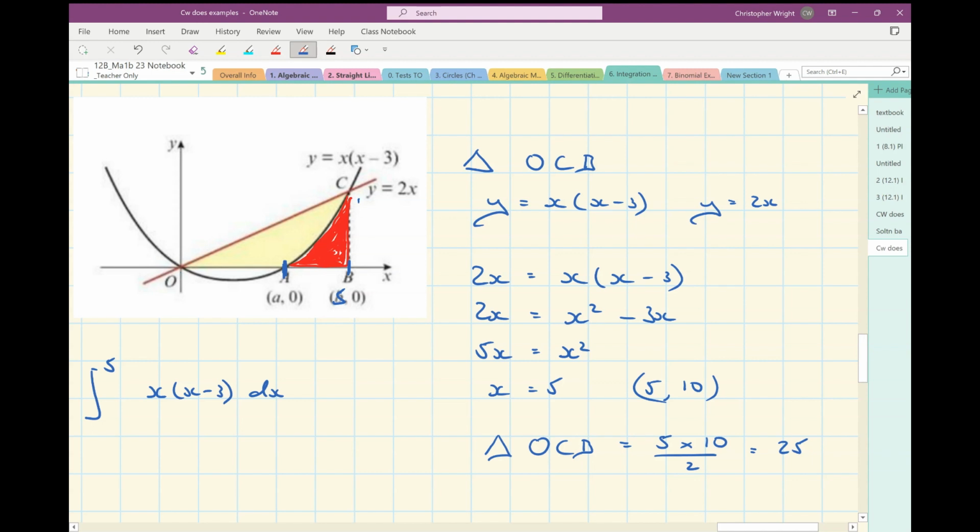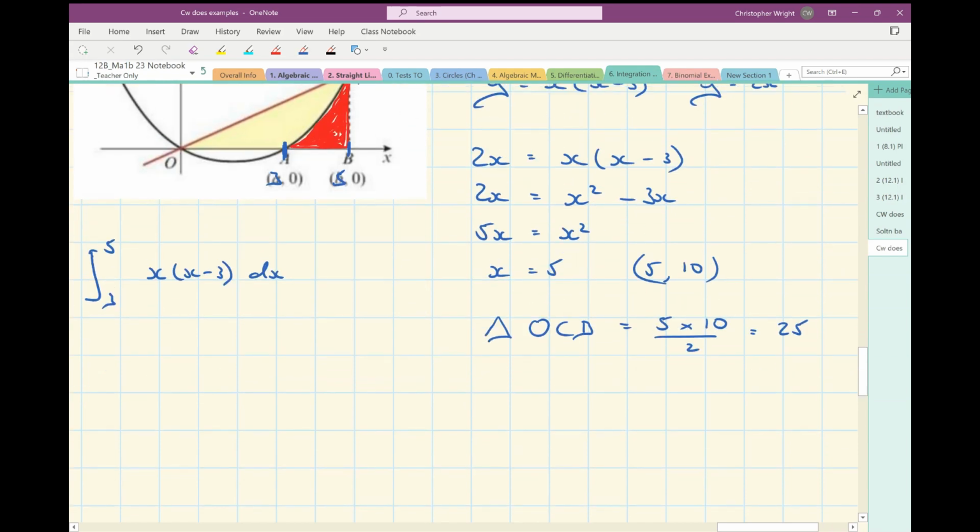Well, I can work that out just by looking at the equation of the curve. Look, it crosses the x-axis at 0 and at 3. So this must be 3, 0, and I'm going to evaluate my definite integral between the values of 3 and 5. Good. So let's get on with that then.